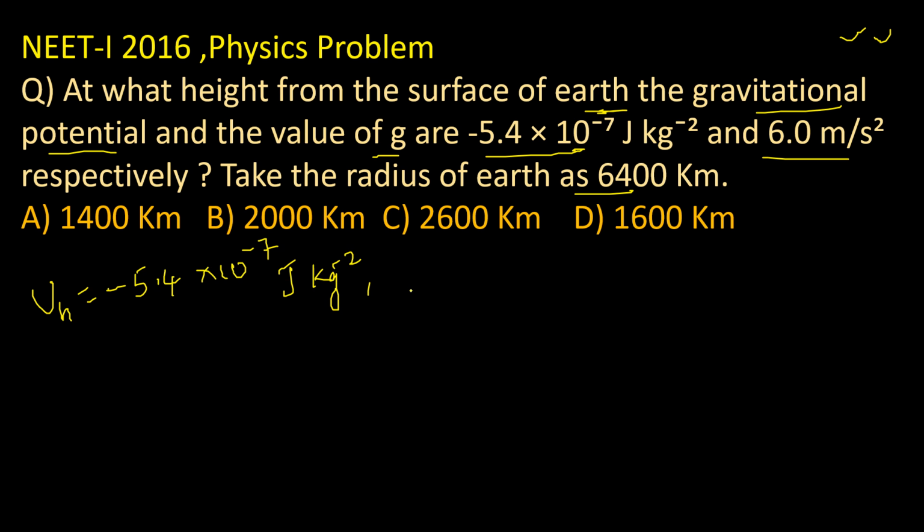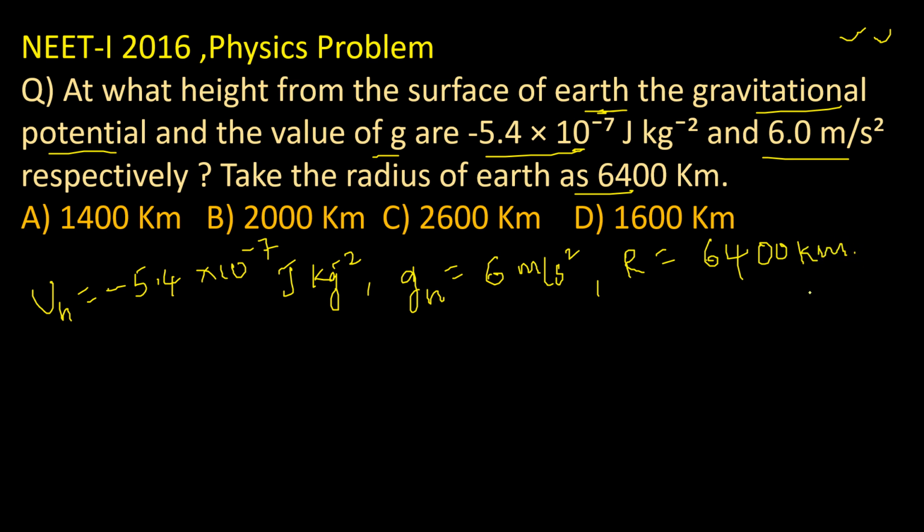at a certain height is given, that is g_H equal to 6 meter per second square. So we need to find out the height, and the radius of the earth is given, that is 6,400 kilometer.